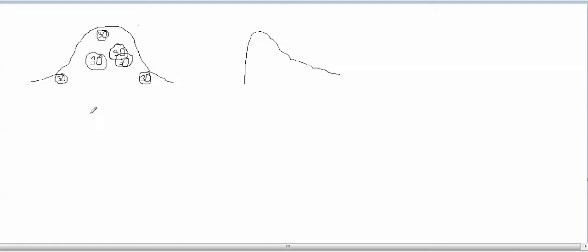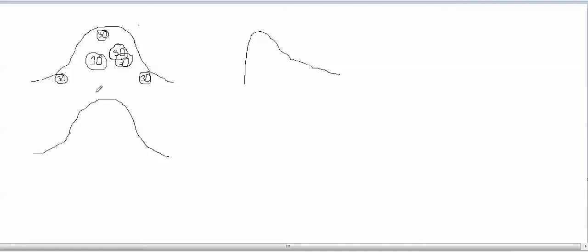So if we calculated all of these means for all combinations of 30 people that could be selected, and we plotted the means in a graph, the means would also follow a normal curve like this. And this would be called a sampling distribution.